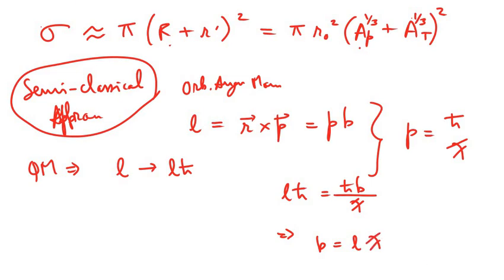Now you will be wondering what is happening, but this expression is not quite right, because L is quantized, however b is not, right? In quantum mechanics we talk about the quantization of L, however b is not quantized.